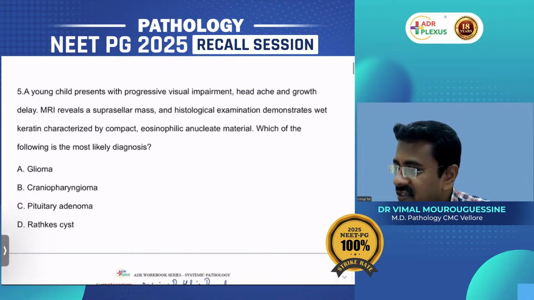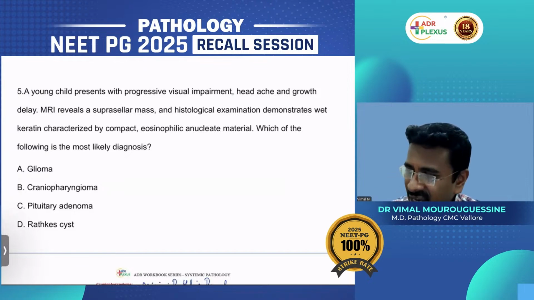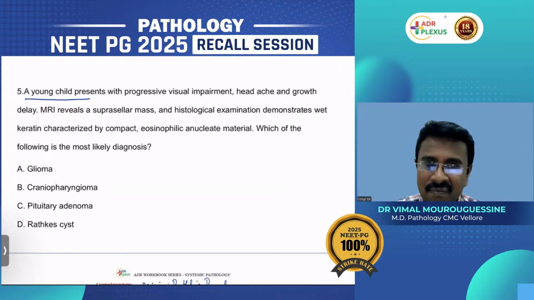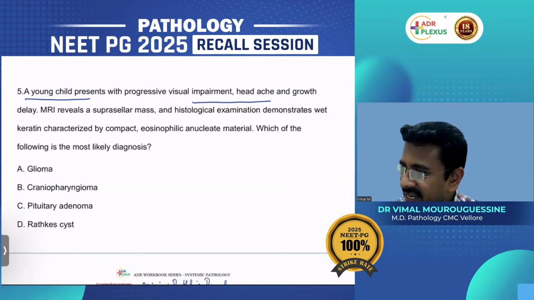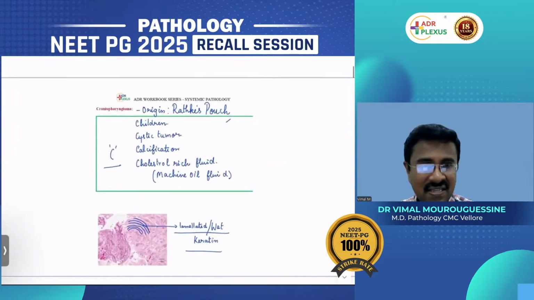Moving on to the fifth question, the characteristic thing we used to discuss in our class, remembering the letter C. A 5-year-old child presenting with visual impairment and headache, and histological examination revealing wet keratin. Please remember the classical C's which we discussed in our class: children, cystic lesion, calcification, cholesterol-rich fluid.